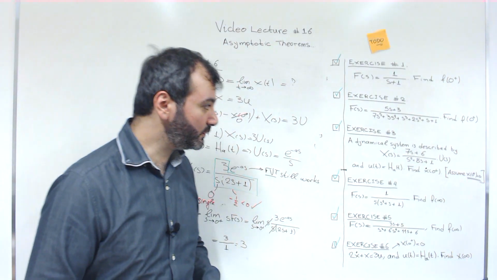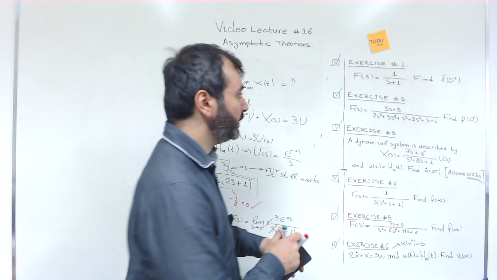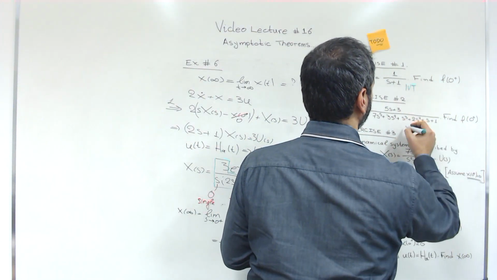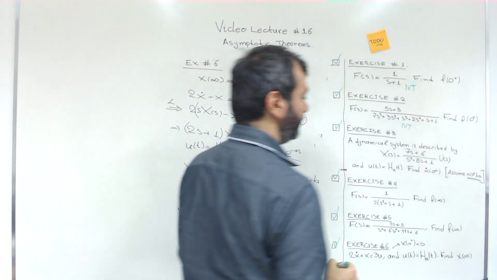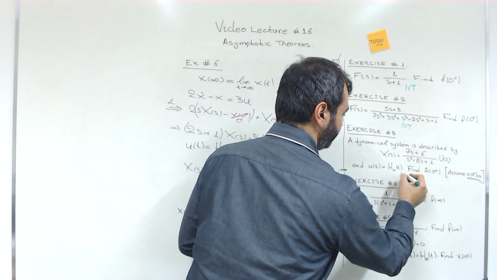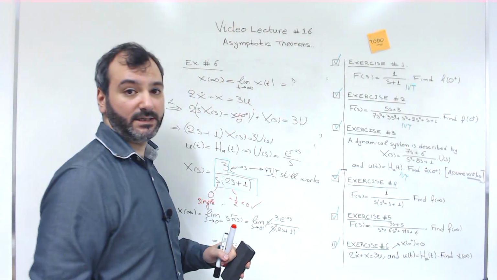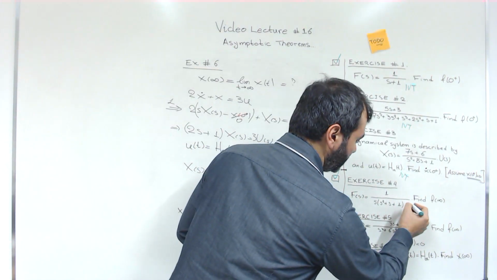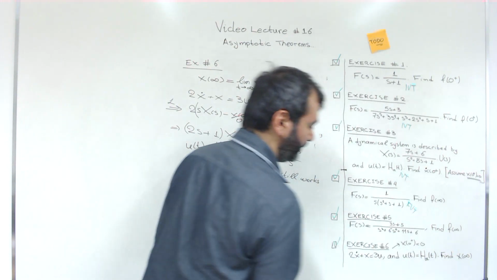So this much for today. In summary, we solved this first exercise using the initial value theorem, then again here the initial value theorem, and again. The initial value theorem is a lot easier to work with. Then here we use the final value theorem.